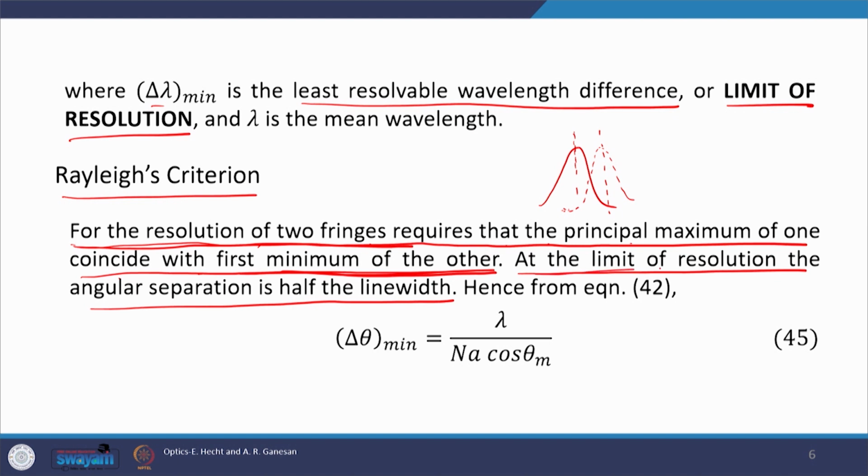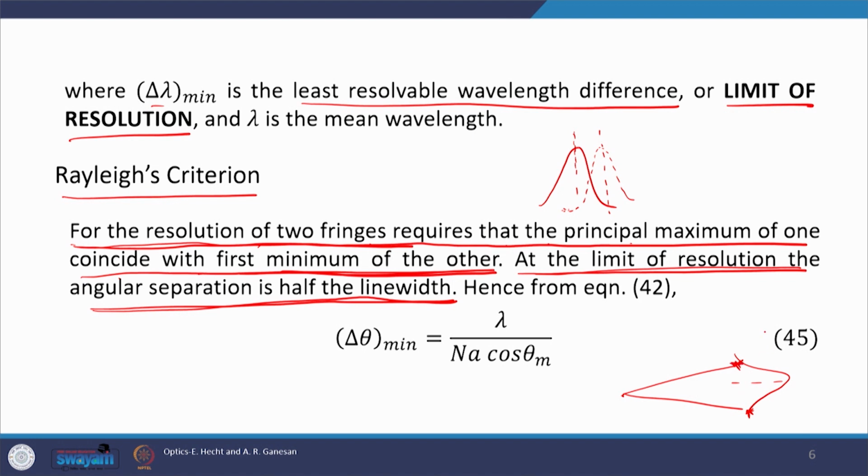At the limit of resolution, the angular separation is half the line width, because this is our source and this source generates a principal maximum, and this is the first minimum of the principal maximum, which is on either side of it.